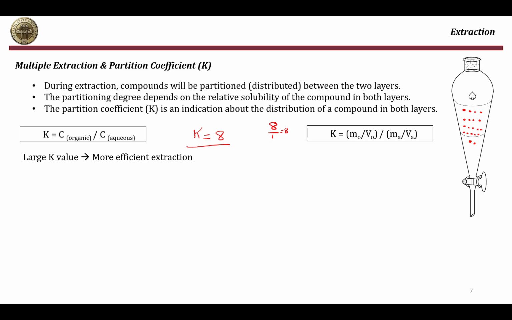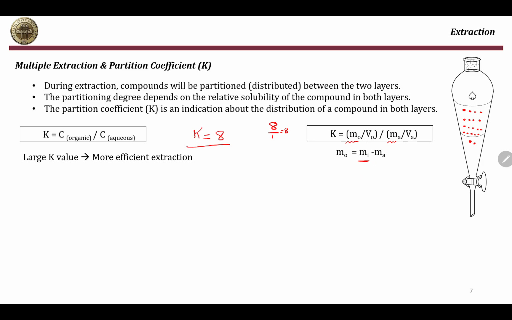This is another form of the equation, which is mainly used to calculate the mass of the extracted compound in the organic layer versus its mass which stays in the aqueous layer. M organic is the mass in the organic layer, and it is usually equal to the initial mass minus the mass in the aqueous layer.